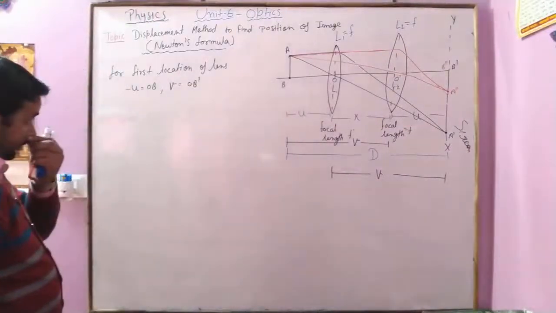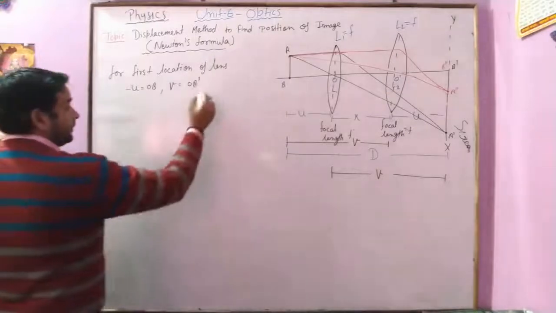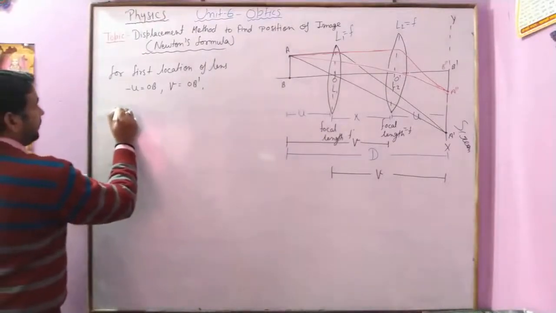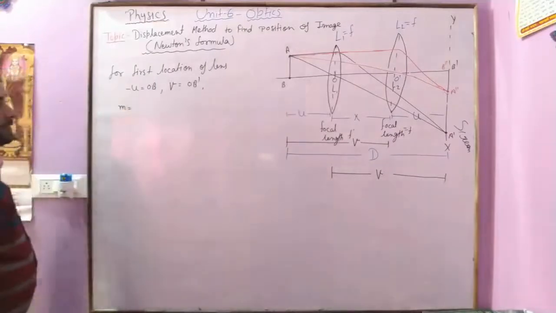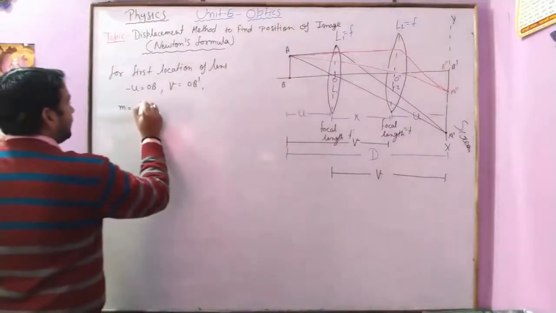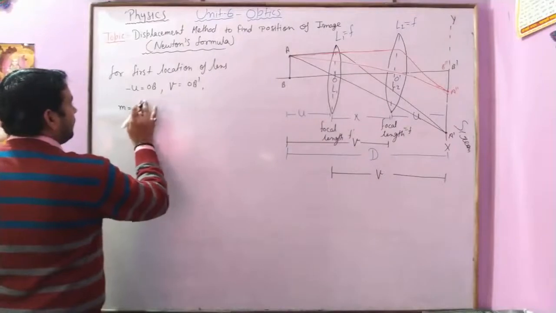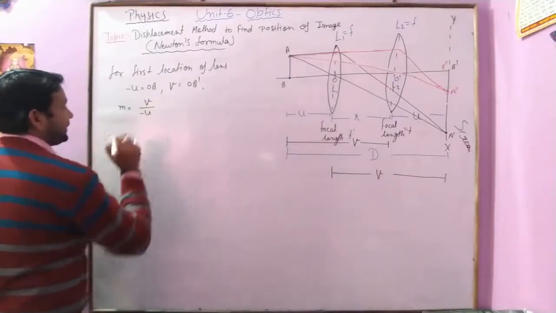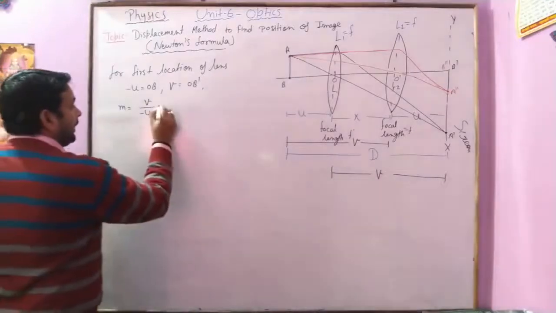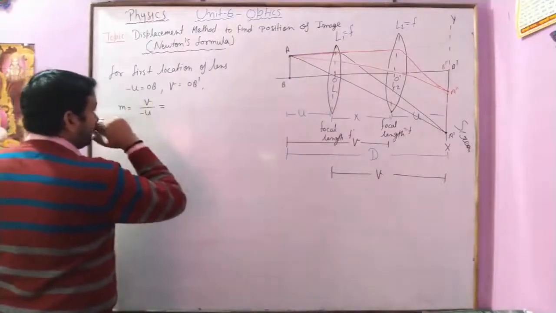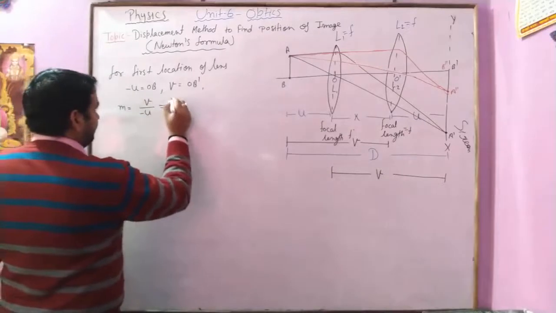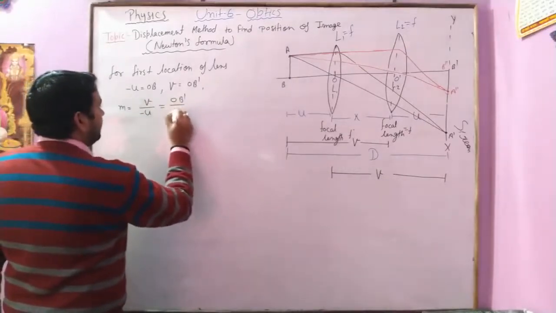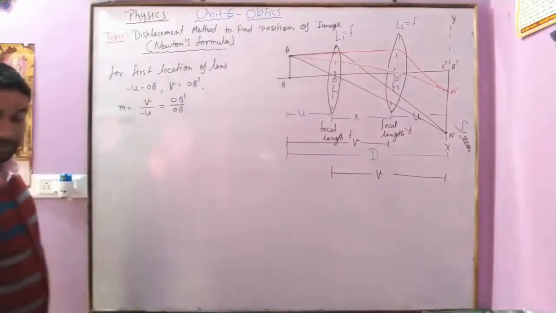The magnification of the lens is v upon minus u, which is OB dash upon OB.